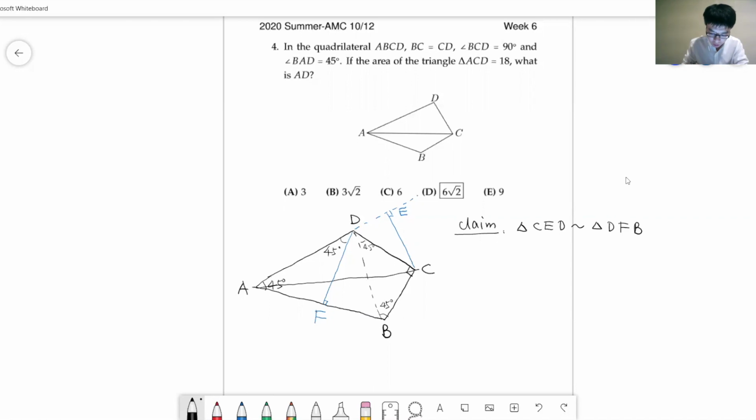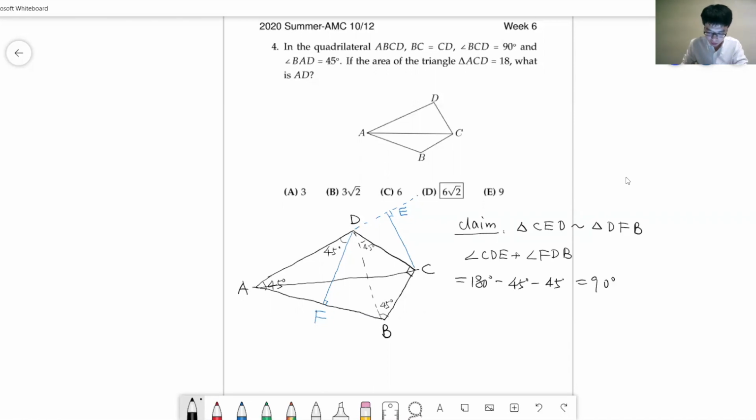So we know that angle CDE plus angle FDB equals 180 minus 45 minus 45, which is 90 degrees.